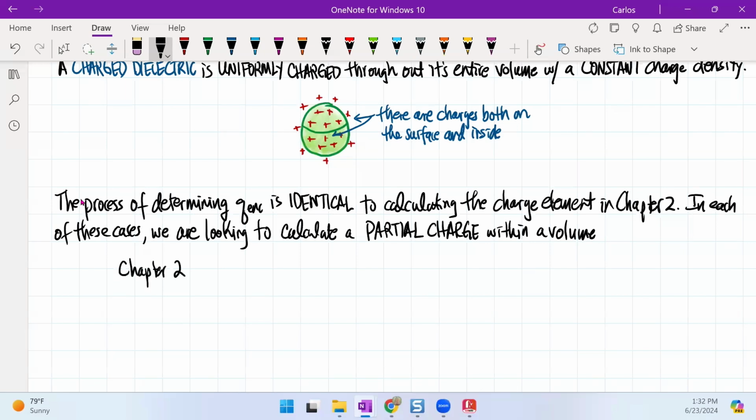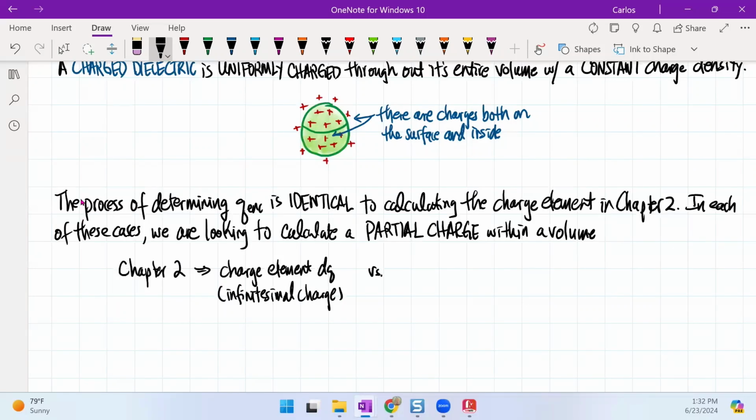In chapter 2 we calculated a charge element, dq, and the way we did it is that we looked at the charge density, but we ended up calculating some infinitesimal charge because we were integrating.